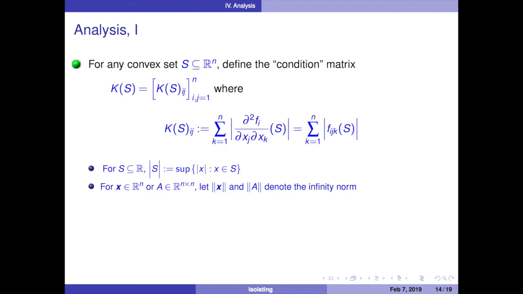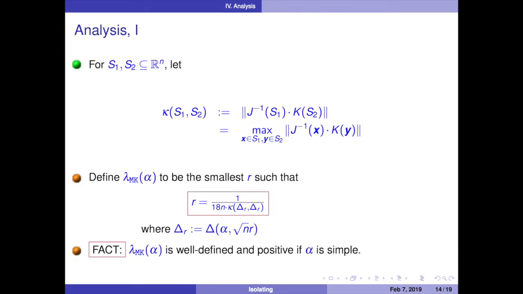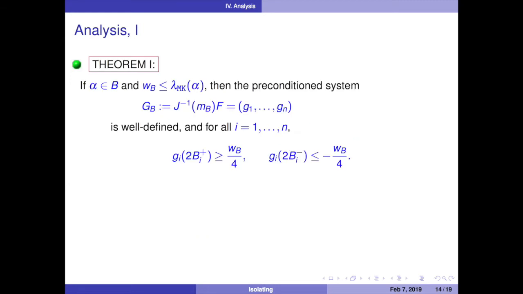So there's some kind of condition number going on in the abstract thing, and then we try to define a certain condition number and define lambda to be the smallest root such that a certain equation holds, and then we prove that if the root is a simple root, then what we define makes sense.